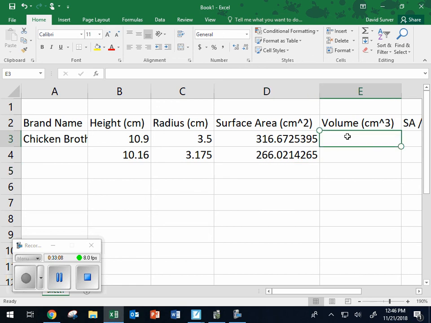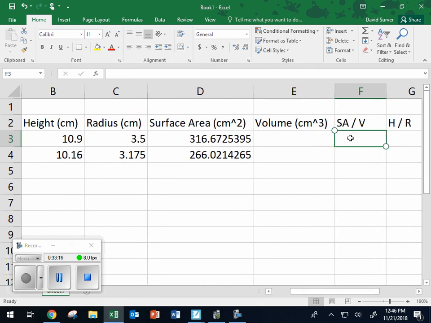On your own, you're going to need to write the equation for the volume, and then write the equation for surface area divided by volume, which sounds hard, but isn't. Surface area divided by volume, don't we have columns for surface area and volume?